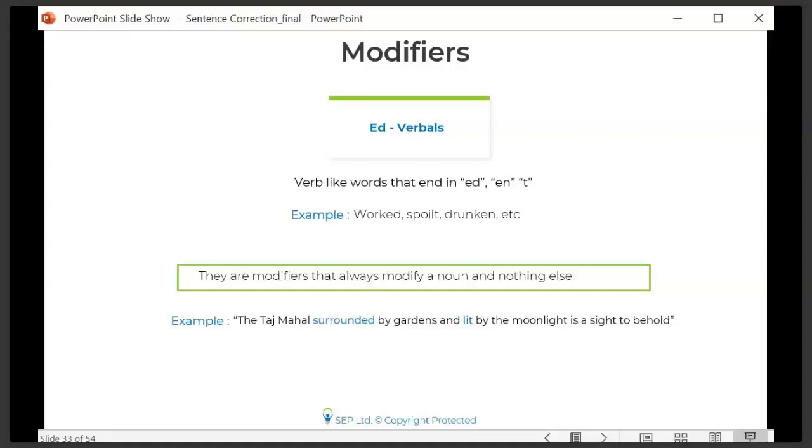So let me just ask you in the chat itself, guys. In this example, what is the verb? Is or are, how many verbs are there, or what are the words which are verbs? You can answer in the chat box, guys. In the sentence, the Taj Mahal surrounded by gardens and lit by the moonlight is a sight to behold, which of the words are verbs?